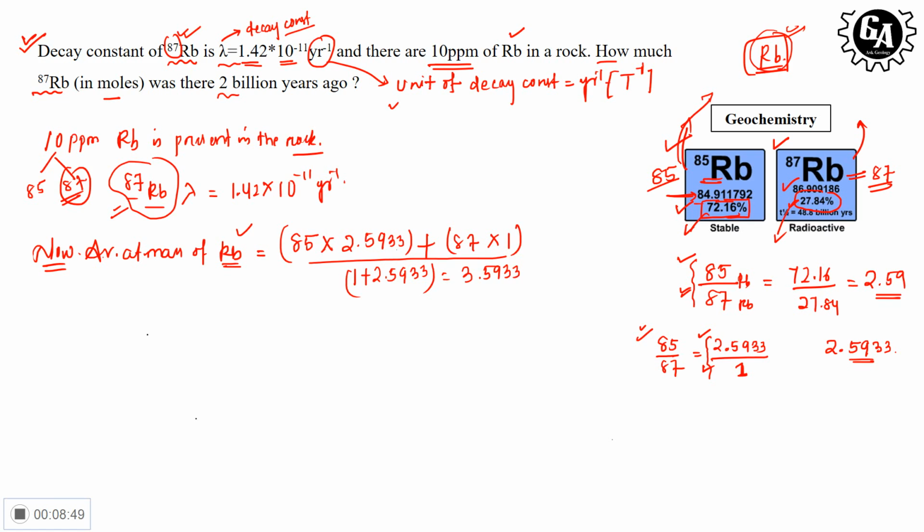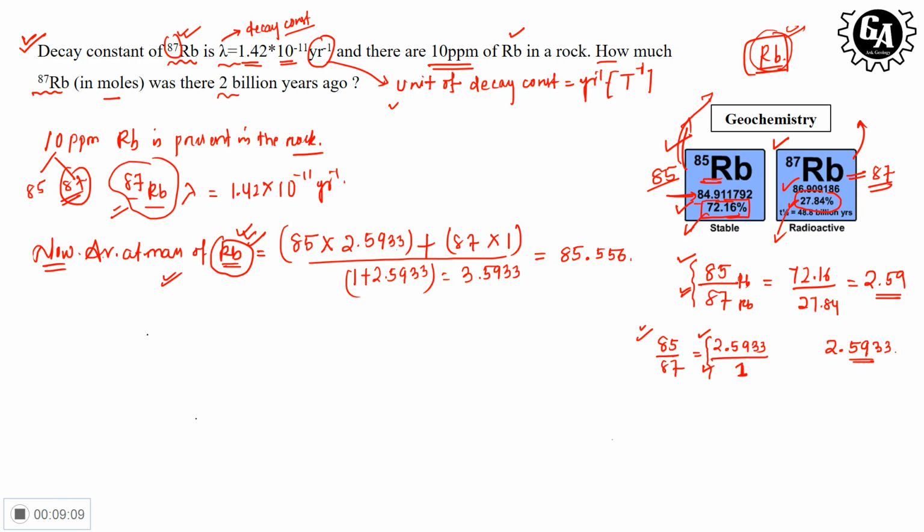This is the average atomic mass of your rubidium, and we are getting 85.556. Now we have the rubidium atomic mass.